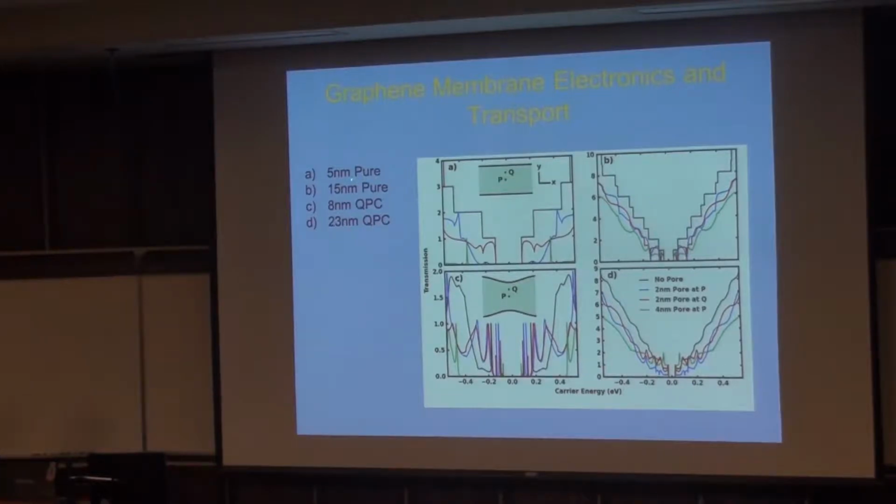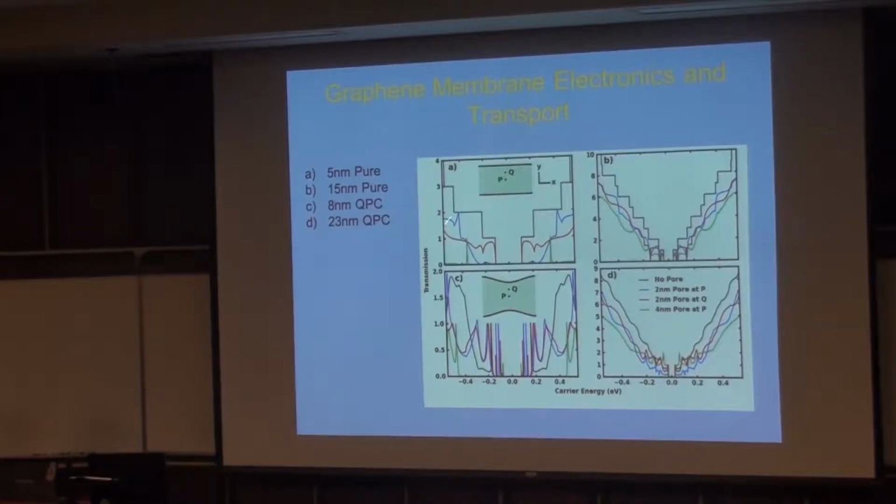We have 4 different types of graphene nanoribbons. This first plot is of a 5 nanometer wide, pure armchair edge graphene nanoribbon, so there's no shaping done to it. This one over here is a 15 nanometer pure graphene nanoribbon. And these two are an 8 nanometer and a 23 nanometer QPC edged nanoribbon.